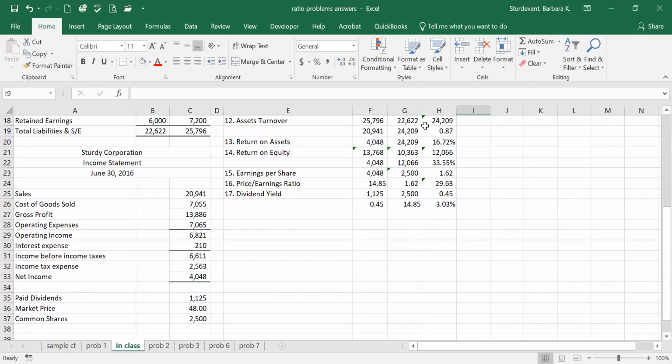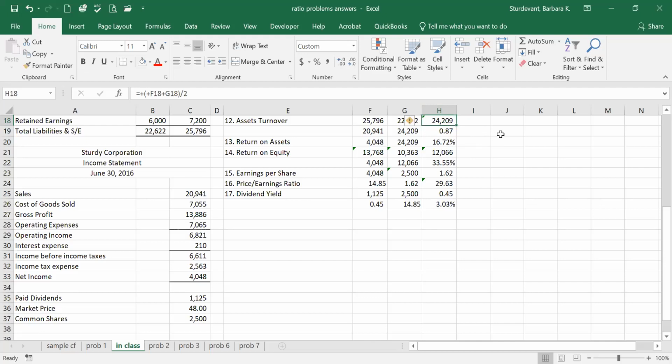Add them together and divide by 2, which is exactly what happened right there. That is divided into sales, and we get 0.87. Now, do we actually sell our assets and then get new ones every year? Absolutely not. So what this is, it's a measure of efficiency.